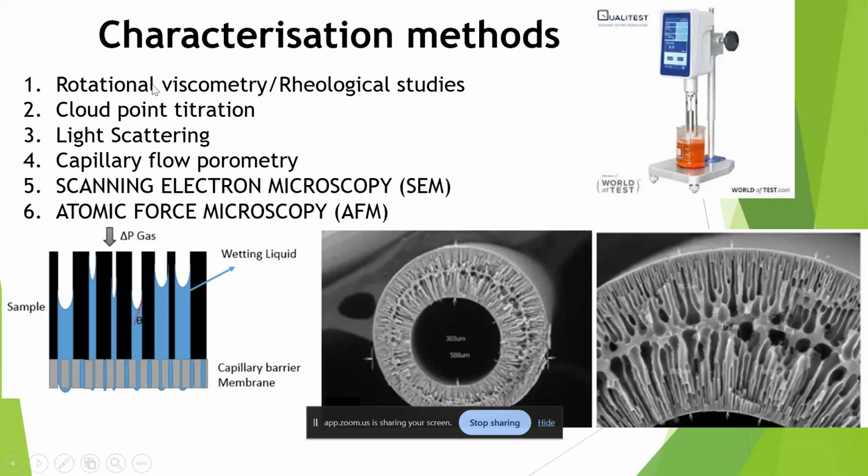One is the viscometer. We use an NDJ viscometer, and we can do the rheological study also, because almost all these polymers, like PSF, are shear thinning, which means that with an increase in the rotor or knob speed, it behaves like a thinner liquid.